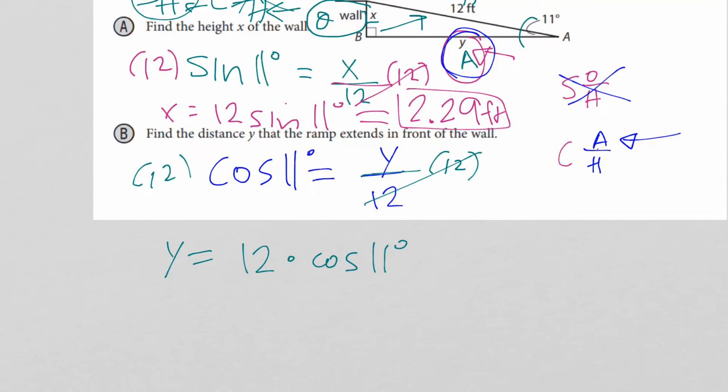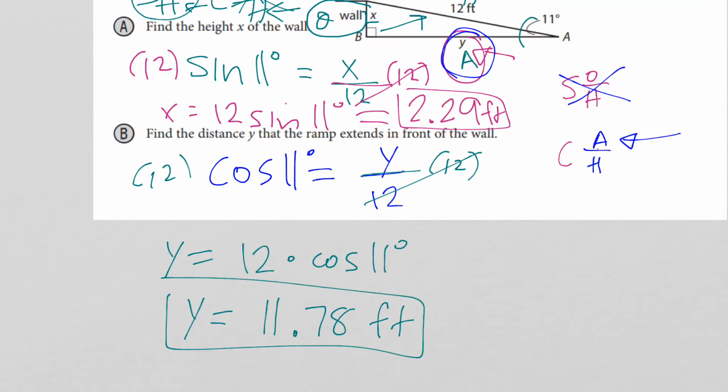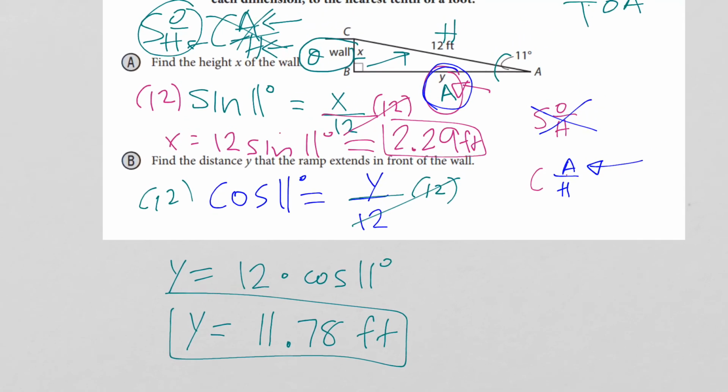And if I type this into decimals, which I'm doing right now, you end up getting 11.779. So I'm going to round this to 11.78, and this is going to be feet. So that is the distance that the ramp has to extend from the front of the wall. Okay.